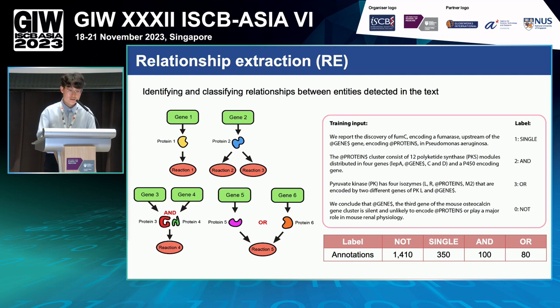After detecting the entities belonging to the categories of interest, the relationship between the genes and proteins is inferred by the relationship extraction task, called RE. For training the models for the RE task, the words belonging to gene symbols and protein names are marked as gene and protein with special characters respectively.